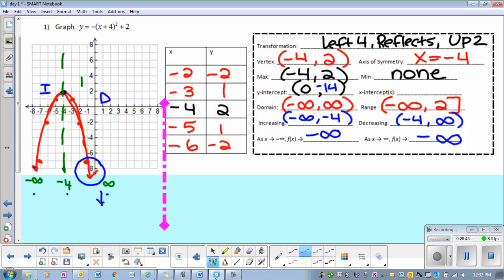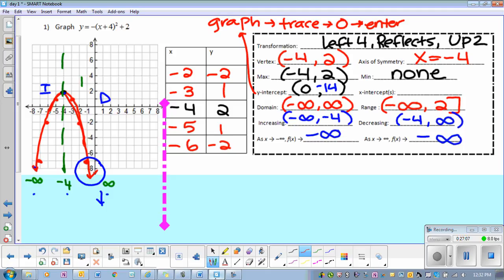So if you want to know the y-intercept on the calculator, you can hit graph, trace, 0, enter. Or if you want to check yourself, it's fine.